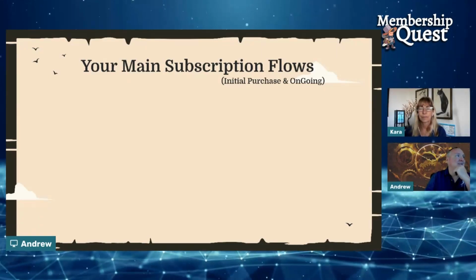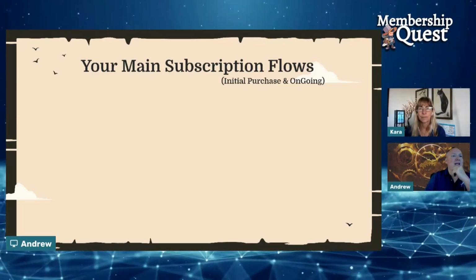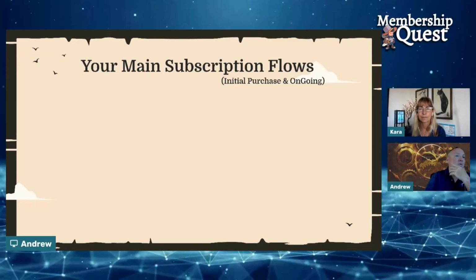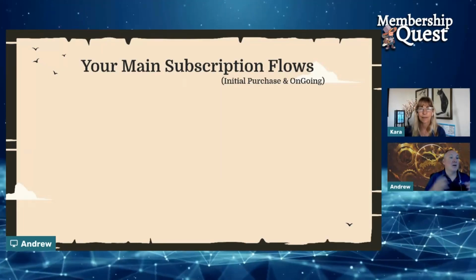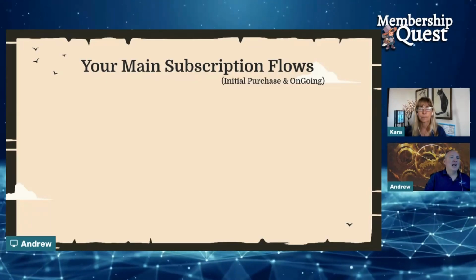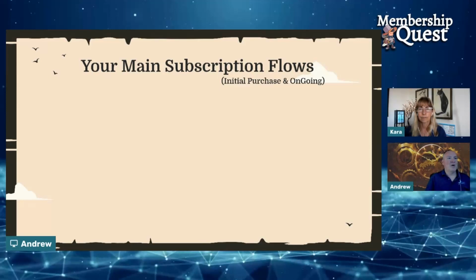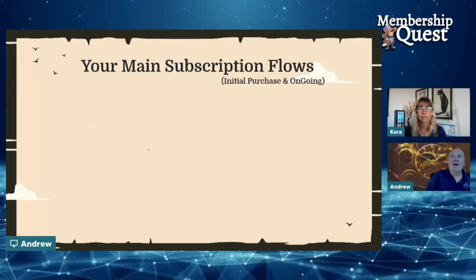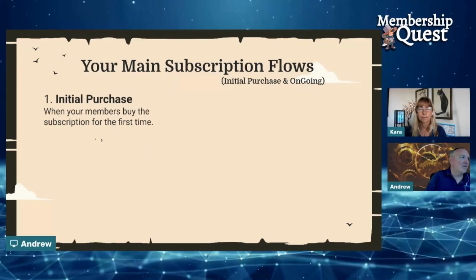This is where the rubber hits the road, and we've broken it into two really basic types: your initial purchase, and your ongoing subscription. This is where we start to differentiate a little bit.